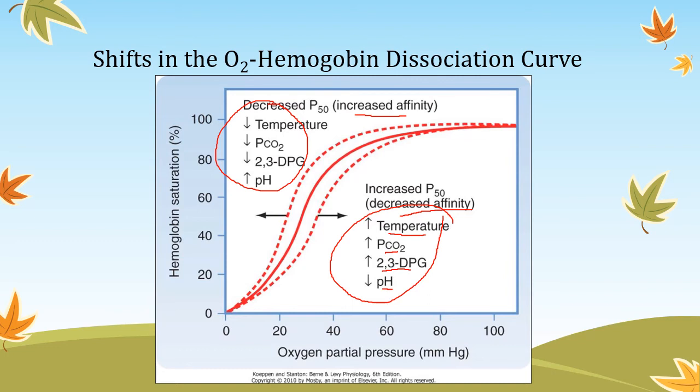So when you exercise, this happens, and it decreases the affinity, and when you decrease the affinity, the release of oxygen becomes easier, and therefore oxygen will be easily available for use when you're in need.